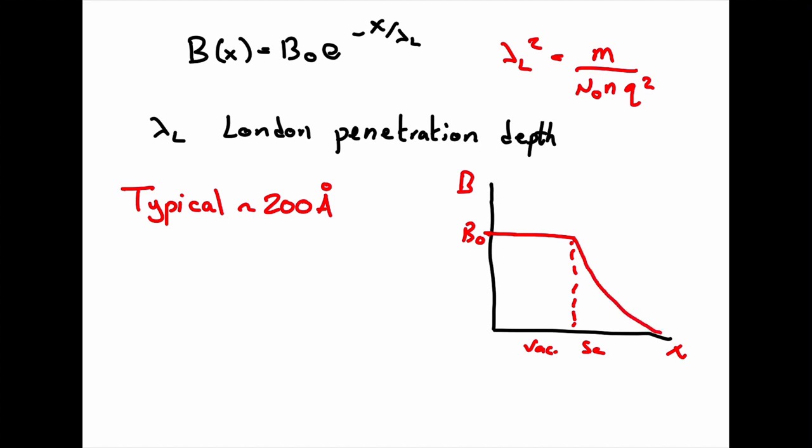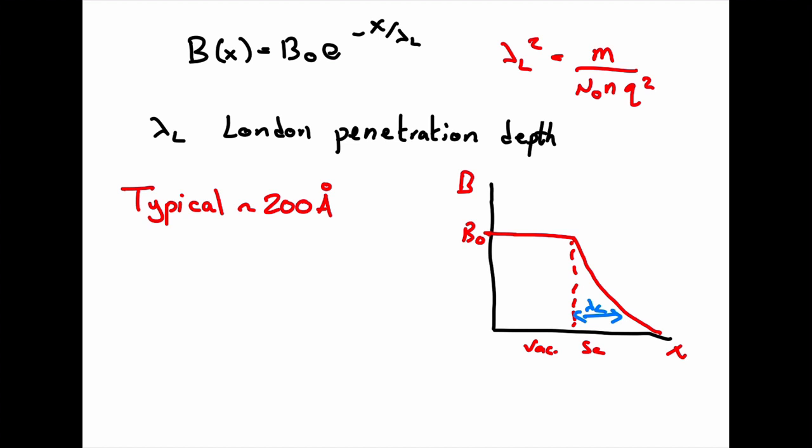So the magnetic field, and this distance here might be lambda L. What we're saying is that these superconducting materials are not perfect diamagnets, in that the magnetic field does enter, but it enters only in a small skin region, of the order of a couple of hundred angstroms, and it exponentially decays into the material.